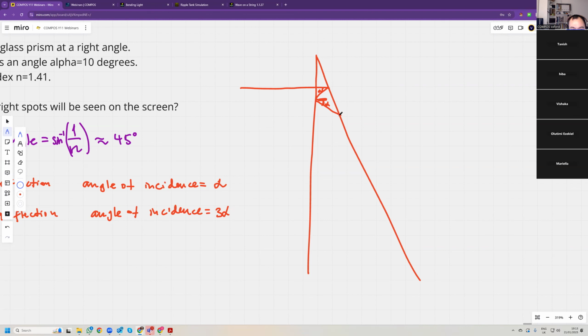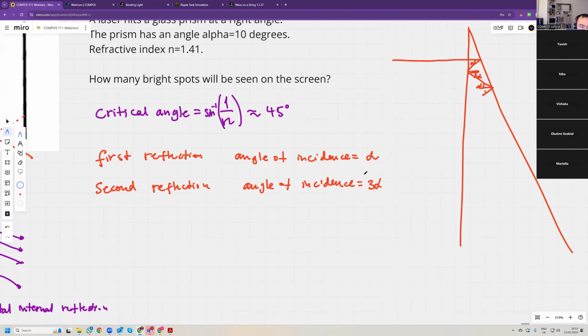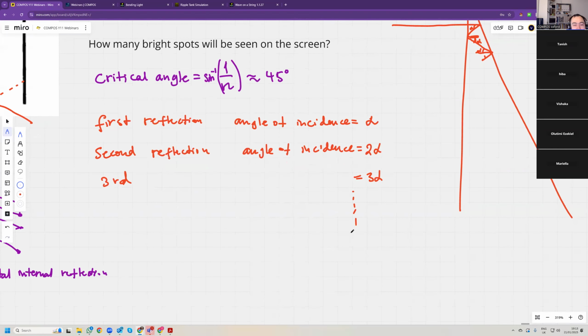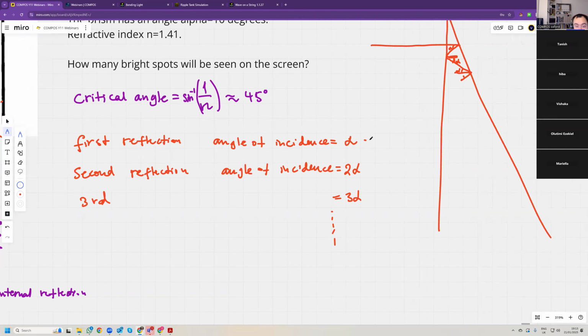And if this was horizontal, that would be alpha. But because it's tilted, oh, it's 2 alpha. Sorry. First reflection and second reflection is 2 alpha. So every time 2 alpha, third is 3 alpha, etc.